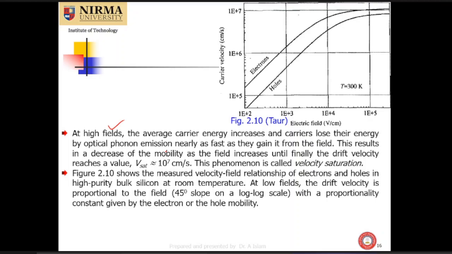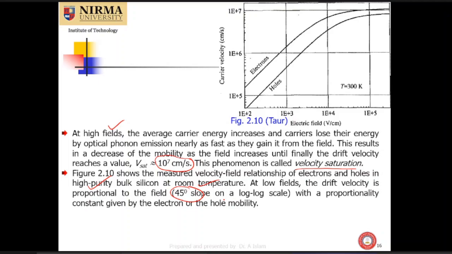In the previous diagram, I was telling that ideally it should be a 45 degree angle. But at low field it is there, as you can see, and after that, as the field increases, it gradually saturates. So this is velocity saturation and carrier mobility degradation, you can say.